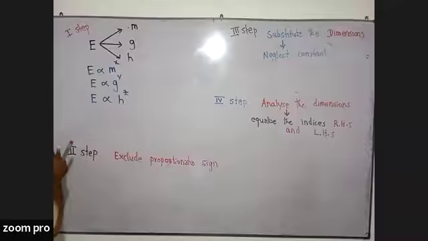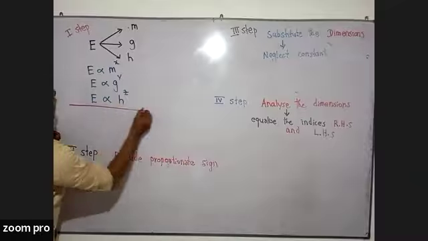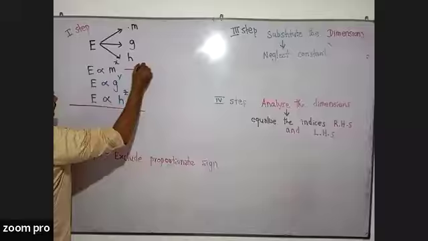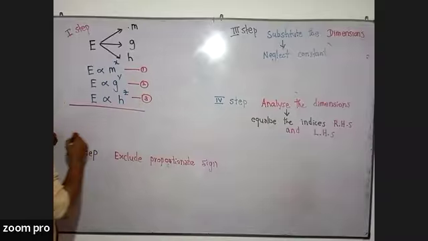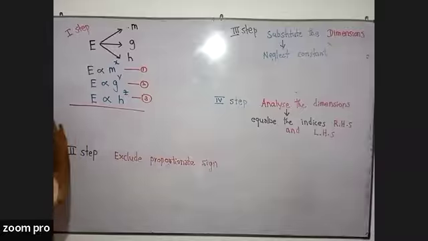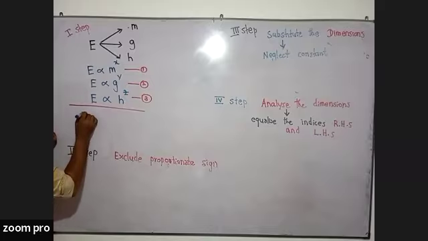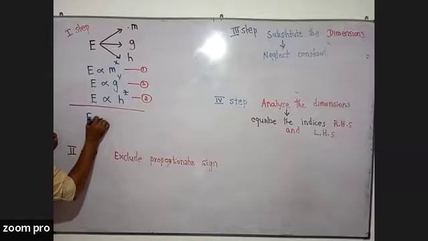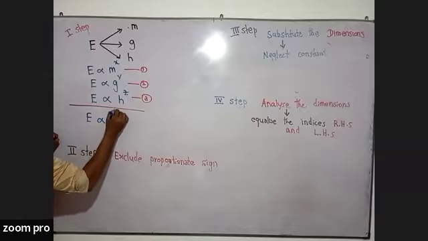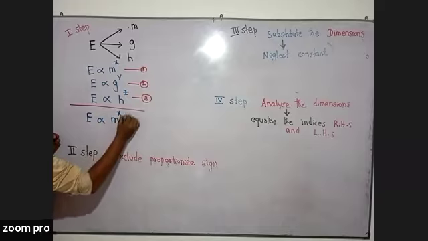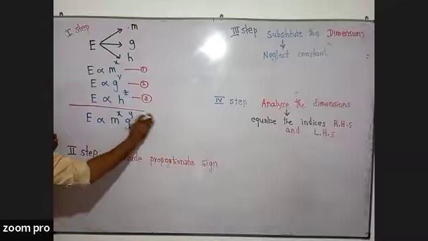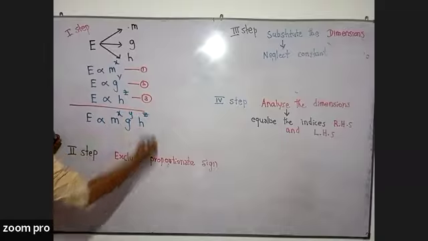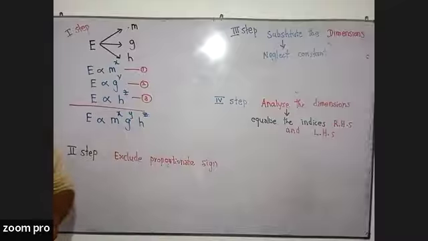Then by combining these three relationships, you can obtain a single combined relationship as E proportional to m to the power of x, g to the power of y, and h to the power of z. So guys, this should be your first step.